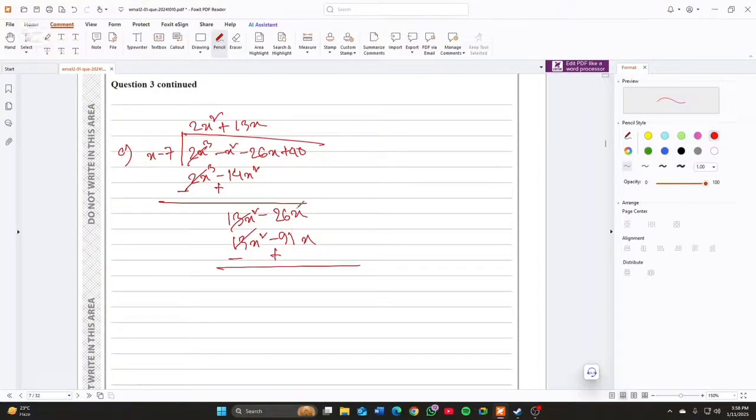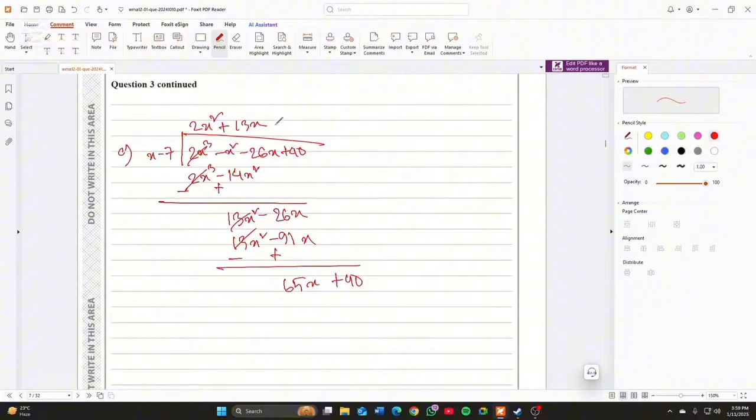91 minus 26 would be, wait a second, let me calculate first. 91 minus 26 is 65. So 65x, and this plus 40 comes down.